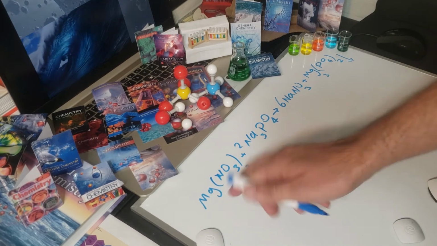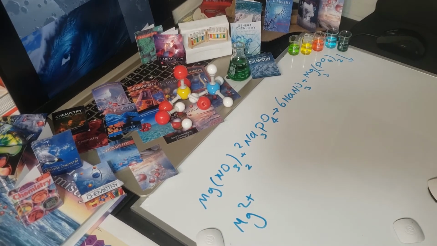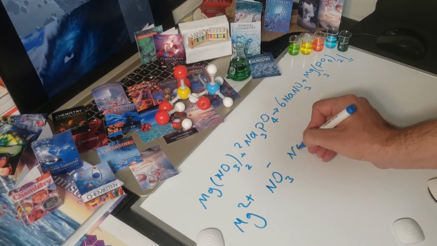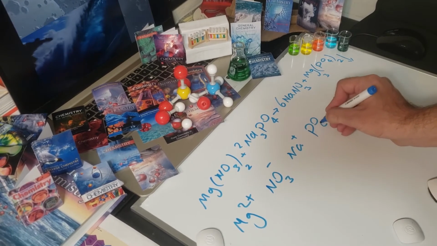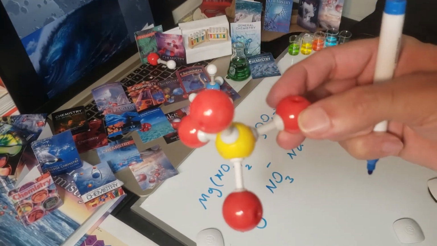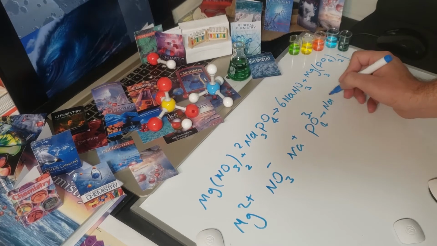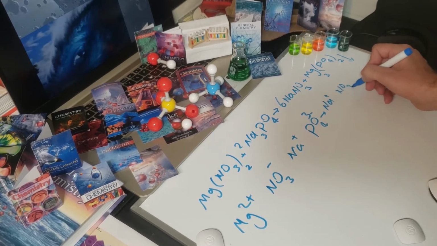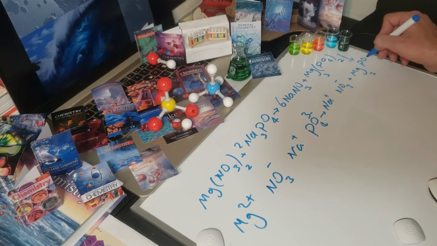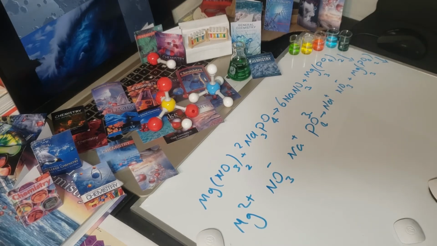Okay, so magnesium is group 2, Mg double plus, and nitrate, sodium phosphate, PO4 triple minus, which we also happen to have the model for, and giving you sodium nitrate and the Mg3(PO4)2, which is your precipitate that goes down.